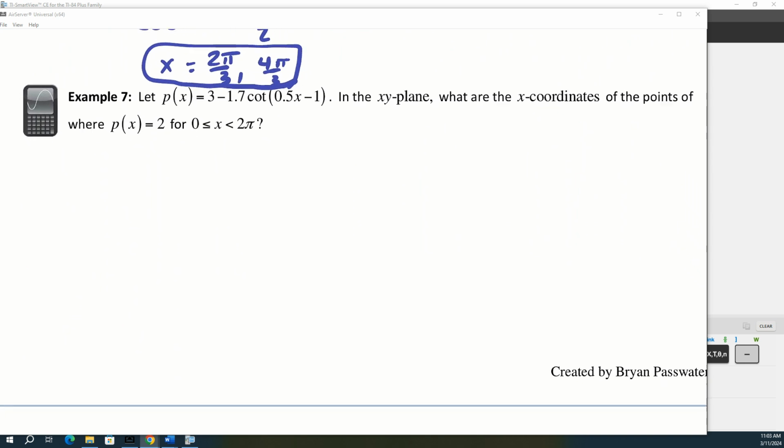And so we have, again, a function. This one is a cotangent function. It's got a couple of weird decimals. It's fine. And we want to find when it's equal to 2. So yeah, go ahead and grab a calculator if you don't have one.